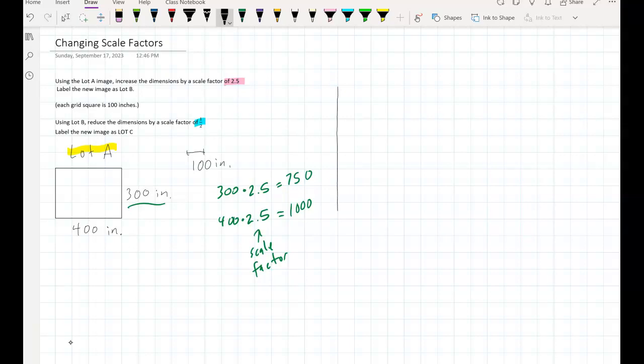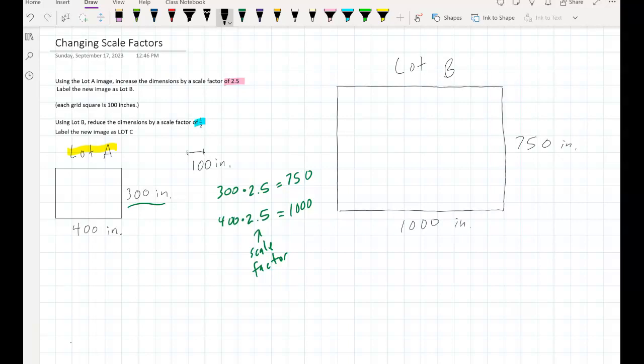And we'll go 1, 2, 3, 4, 5, 6, 7, 8, 9, 10. That's 1,000. And then we'll finish off our rectangle. We label this lot B, and it is 750 by 1,000 inches.